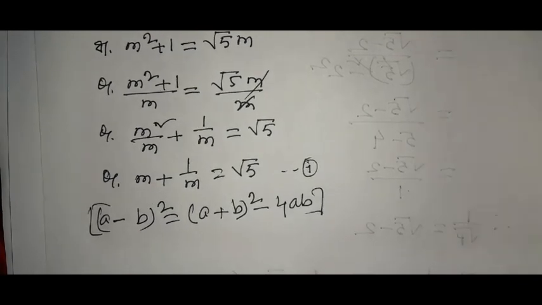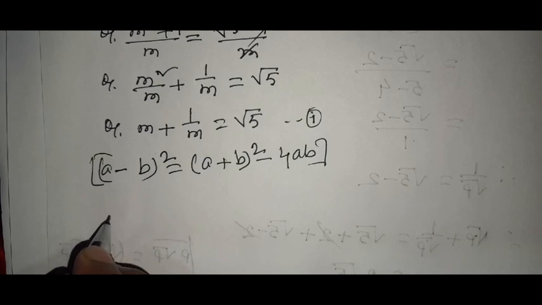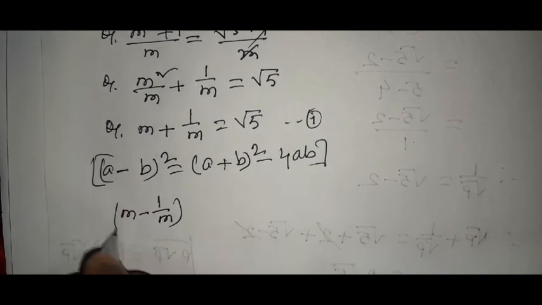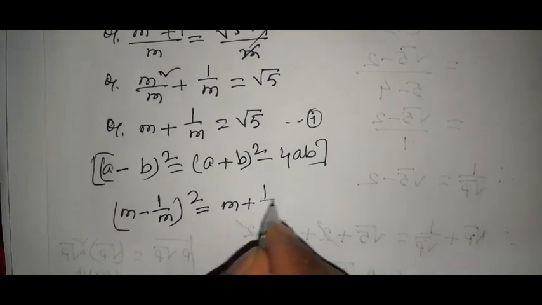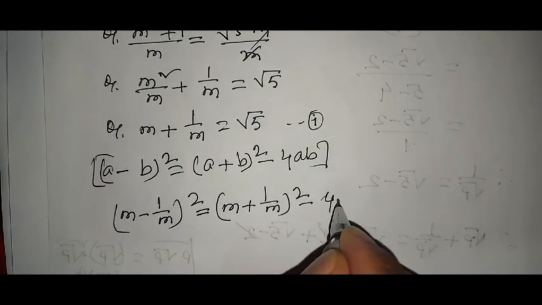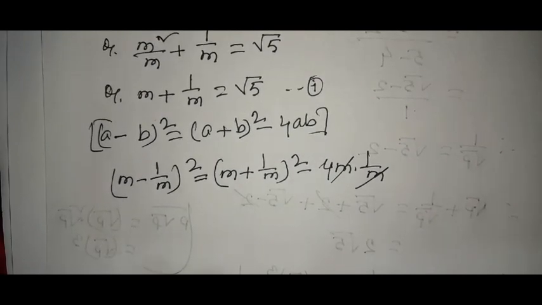Using this formula, we find the value of m − 1/m. So we can write (m − 1/m)² equals (m + 1/m)² − 4 × m × 1/m. Cancel m and 1/m.